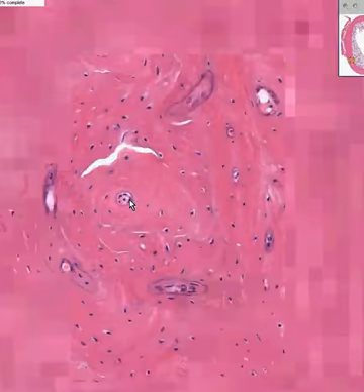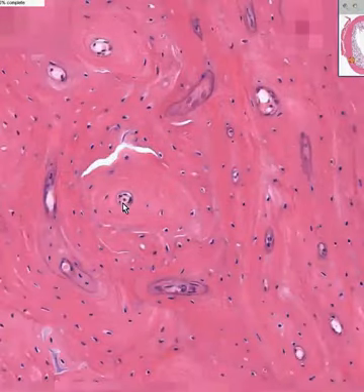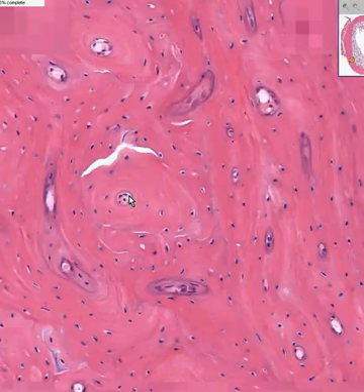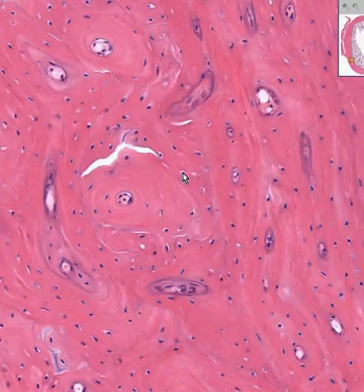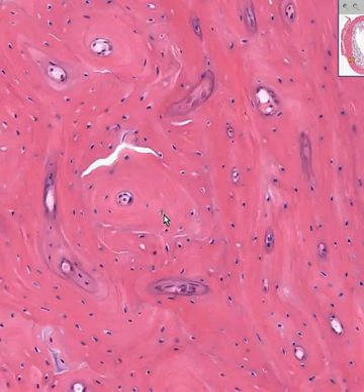And you can see the central vascular canal of the haversian or dense or cortical bone, surrounded in a lamellar fashion by these small cells trapped like cartilage within lacunae. But rather than being chondrocytes, they are osteocytes.